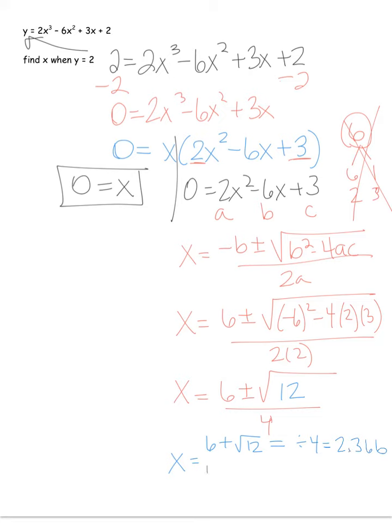And then we have to do 6 subtract the square root of 12 and press equals before we divide by 4. And that gives us 0.634 as an answer. And so these 2 decimals are our last 2 solutions. Remember, x equals 0 way back there from our greatest common factor was our third one.